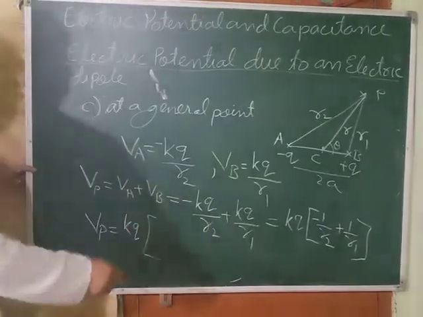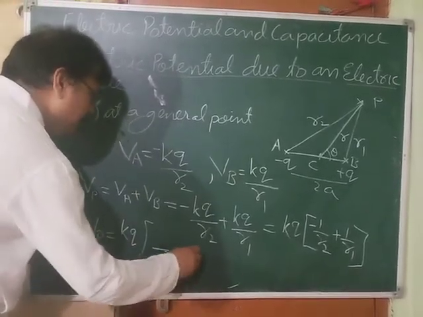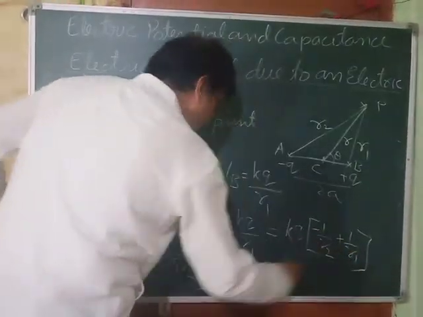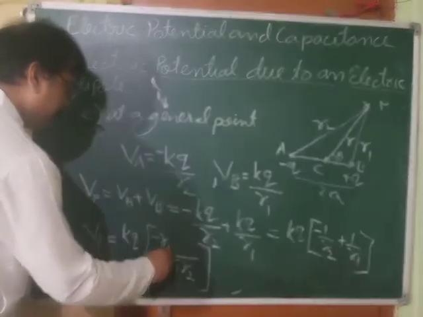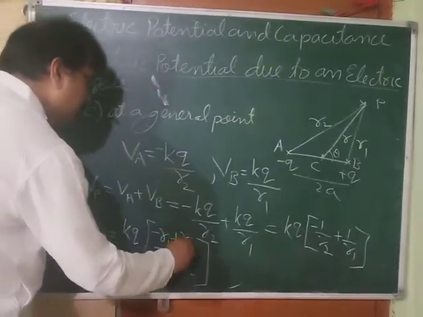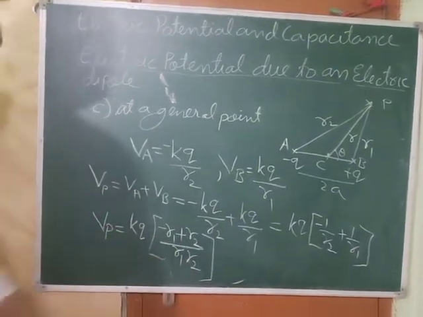We can take the LCM. We will get R1 R2. And in the numerator, minus 1 into R1 is minus R1, R2 into plus 1 is plus R2. So we are left with this.